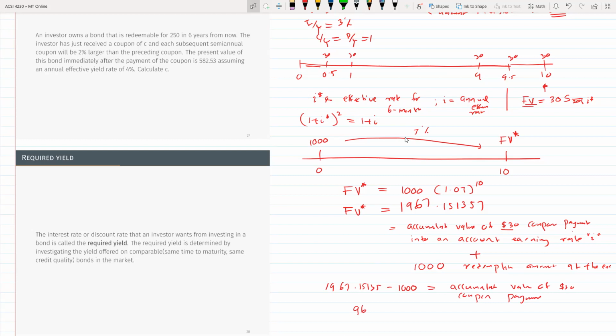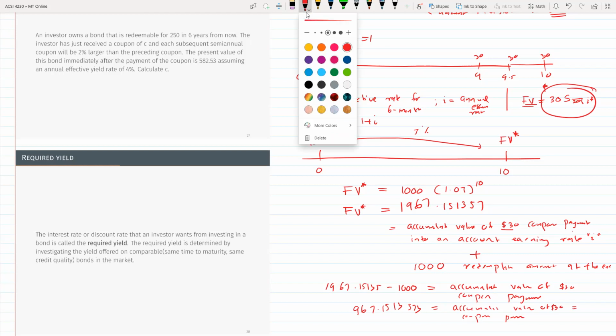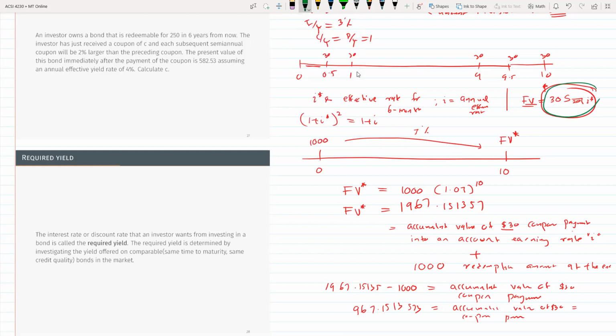So let me subtract 1,000: 967.1513573 equals the accumulated value of the $30 payments. Which is basically this one. Let me use a different color. So I can write this is the same as 30 times S20 at rate I star.